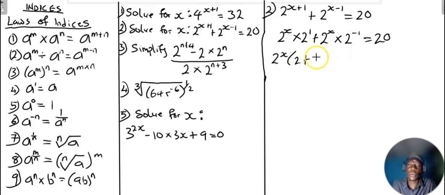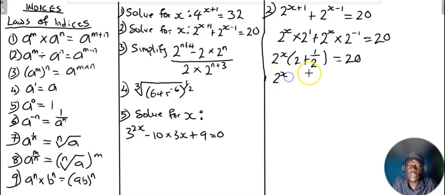Remember, we are applying the negative power law. When it has a negative power, it is the same thing as 1 over that same number with a positive power. It's going to be 1 over 2 raised to power 1, which is also 1 over 2. And this is equal to 20.